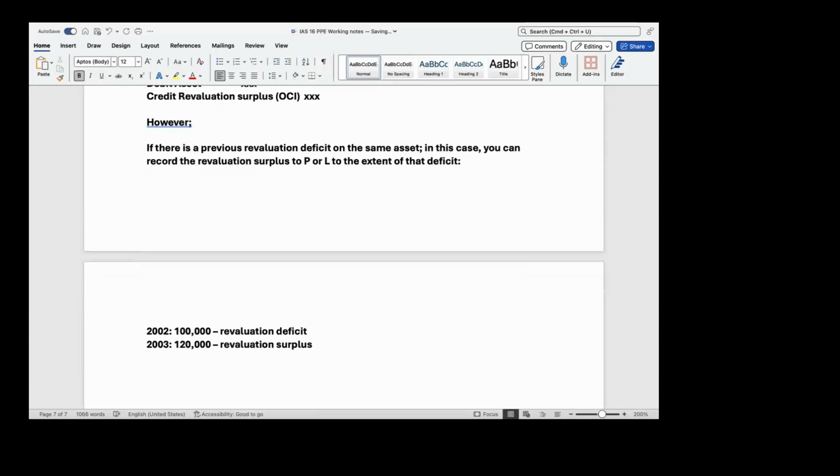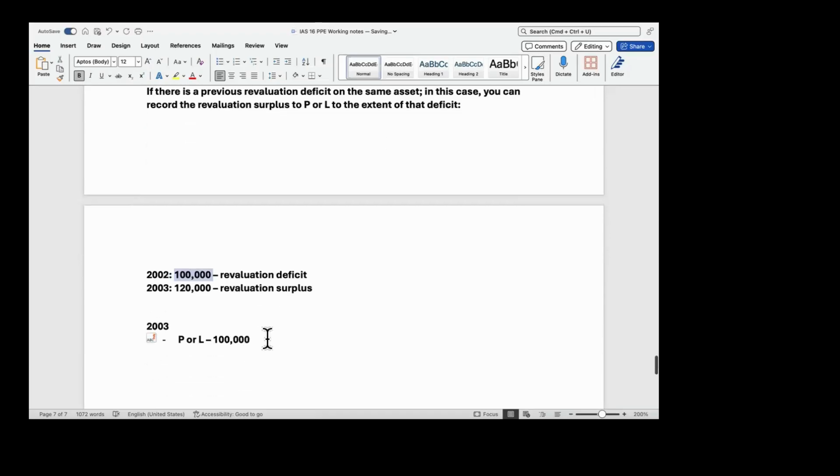In this case, in 2003, in your P&L, this 120, you will take 100,000 of it to P&L to net off against the previous deficit, in such a way that the only amount that goes to OCI as revaluation surplus will just be 20,000.